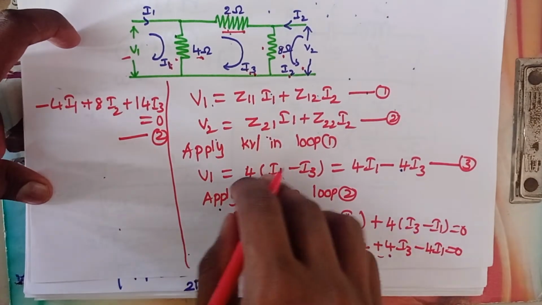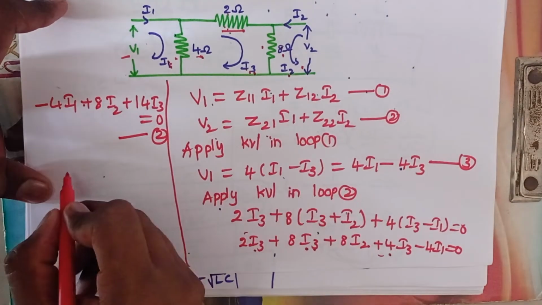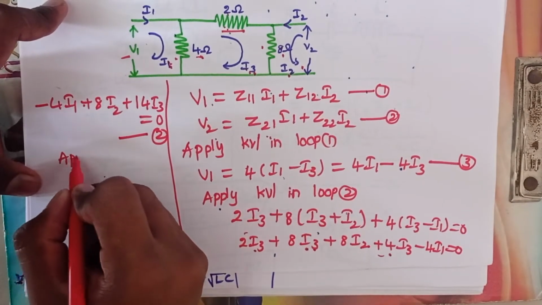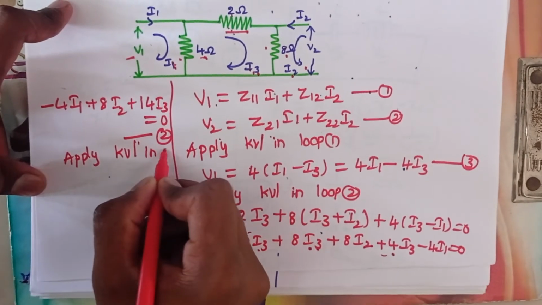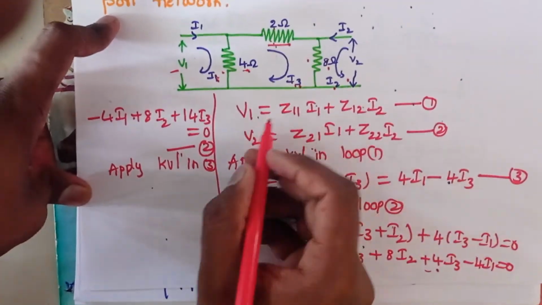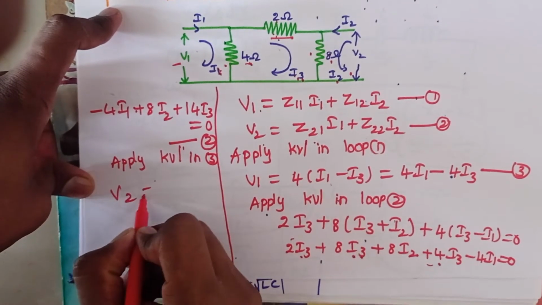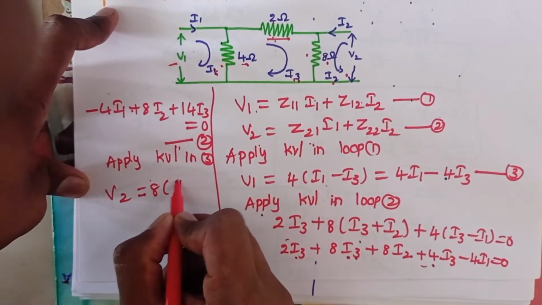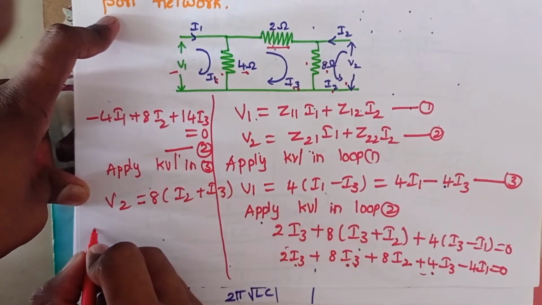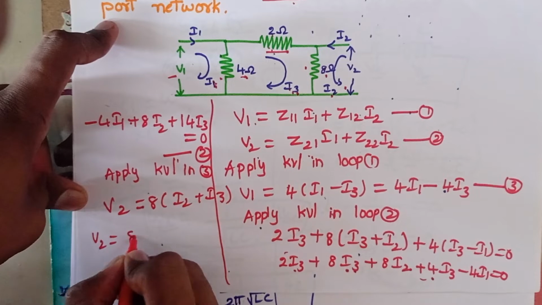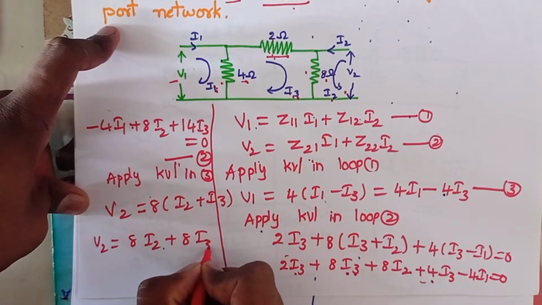Now let's apply KVL in the last loop, loop 3. V2 equal to 8 into (I2 plus I3), so V2 equal to 8I2 plus 8I3.